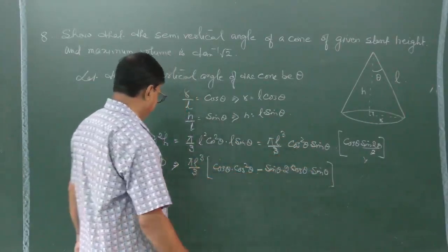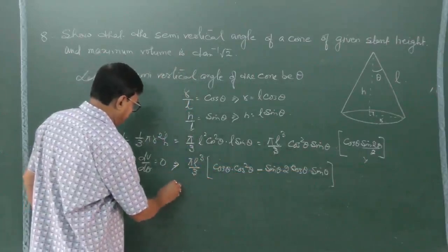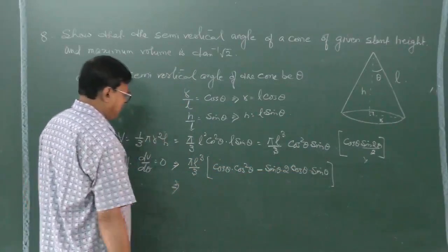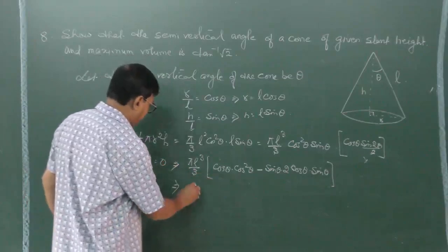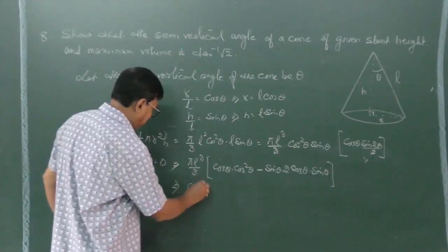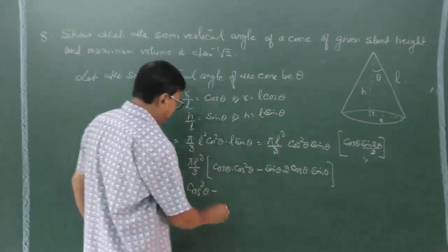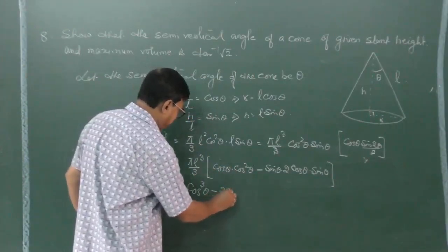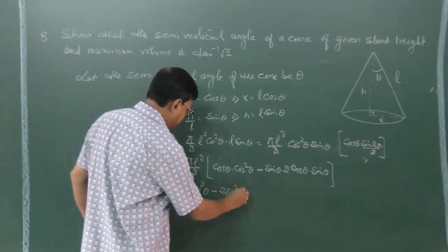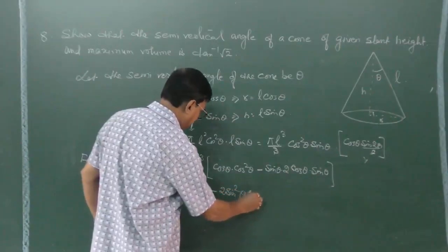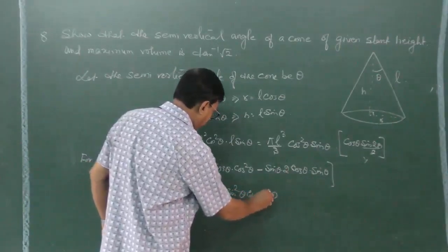So it's minus here. This implies cos cube theta minus 2 sin square theta cos theta is equal to 0.